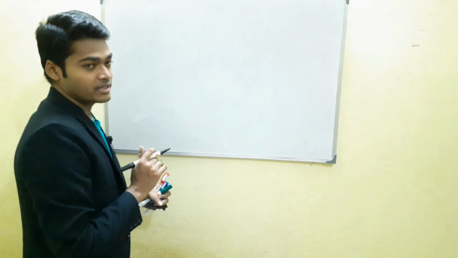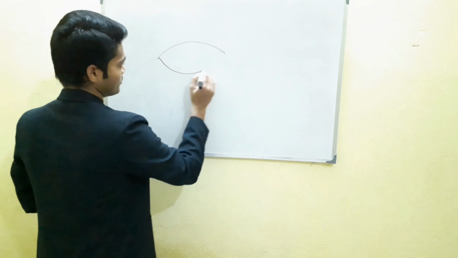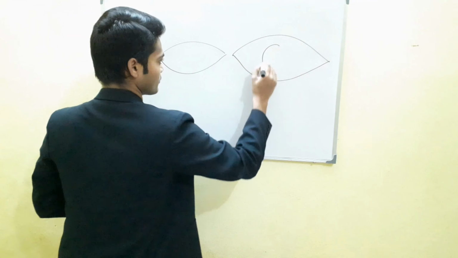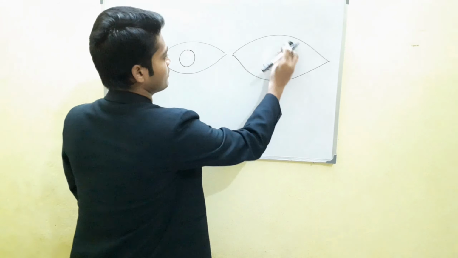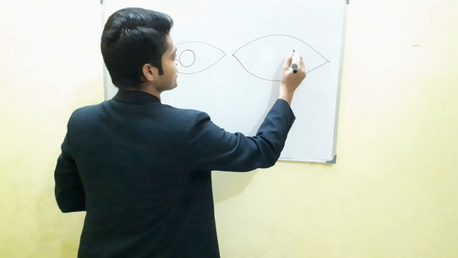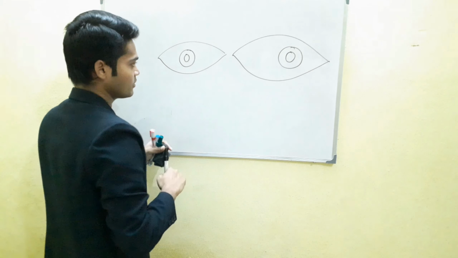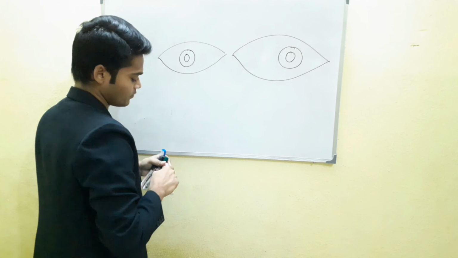When the patient fixates, suppose this is an eye, this is an eye, right? I think this is a bigger one, so this is an eye, this is an eye, right? When the patient fixates, what do we have to do?